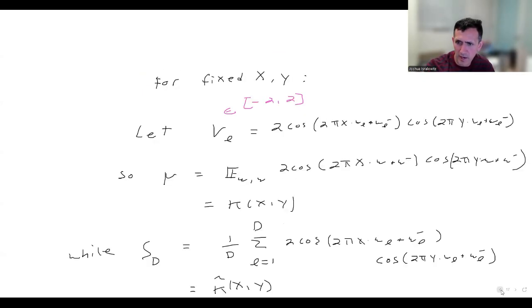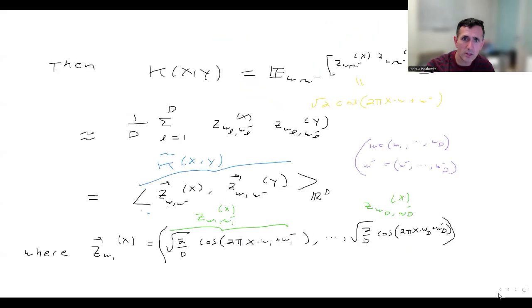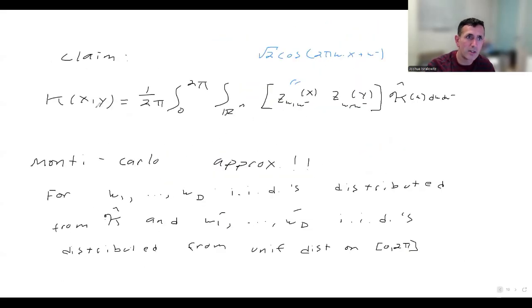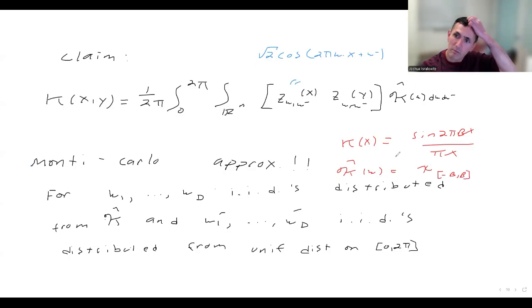And last but not least, a definitely active area of research is, in a lot of instances, why would you want to do the Monte Carlo approximation? In particular, let's say K is sin(2 pi b x) over pi x, and K hat is just the characteristic function of minus b to b.